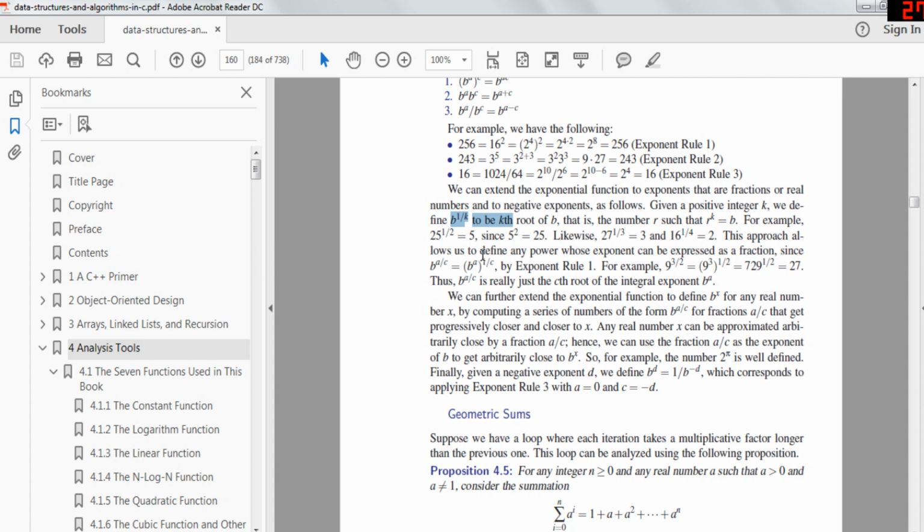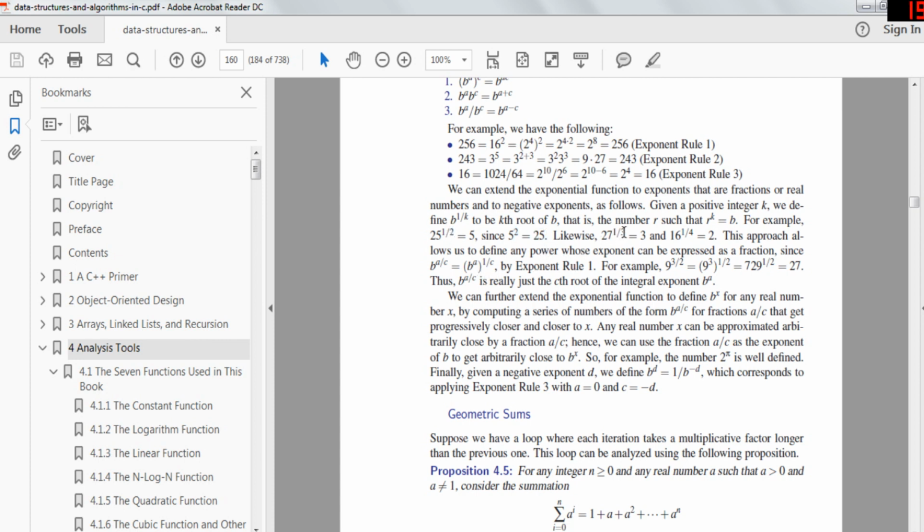The number r is such that r to the k equals b, and r represents the kth root of b. For example, 25 to the 1/2 power is 5, since 5 to the 2nd power equals 25. All they're saying is that you could change this number to be this number when you raise it. So 25 to the 1/2 power equals 5. That means 5 to the 2nd power equals 25.